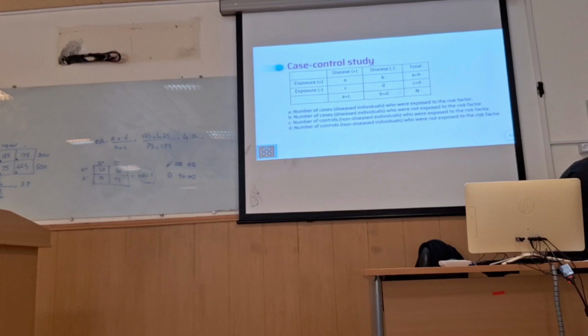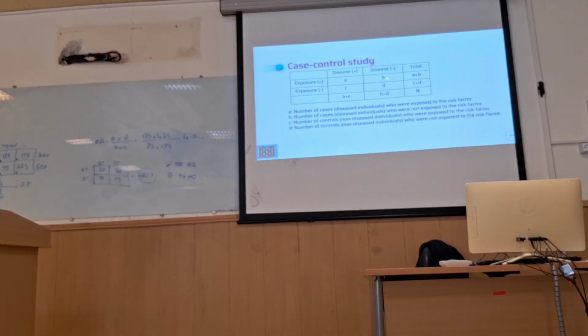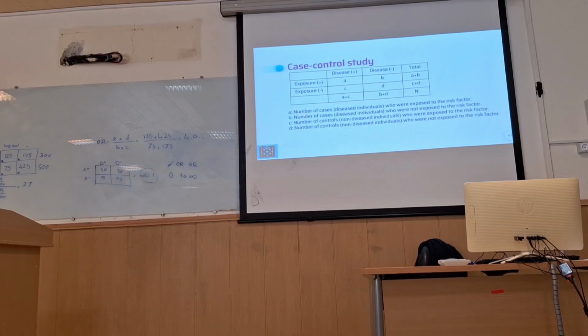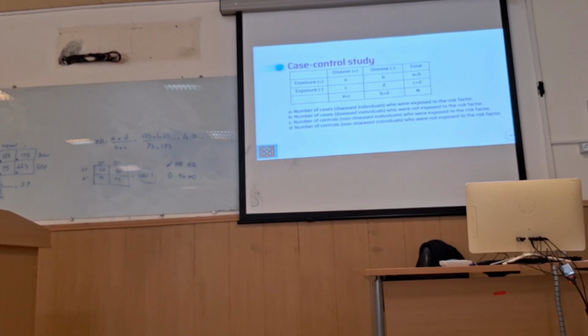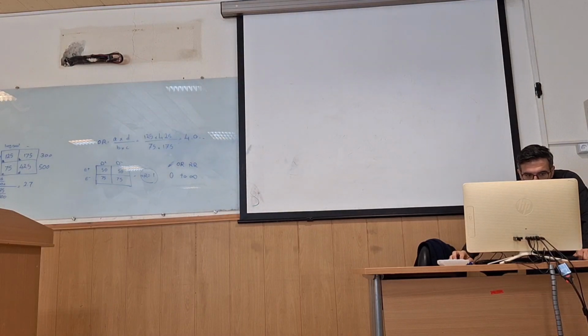So, the 2 by 2 table in a case control study: what does cell A mean?